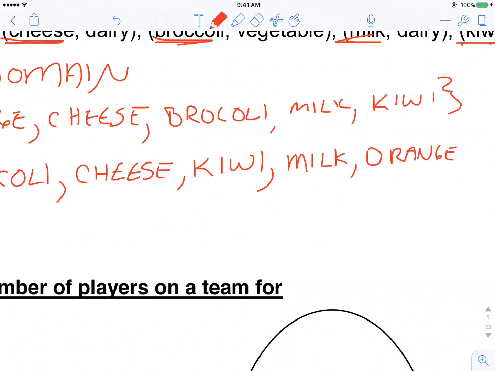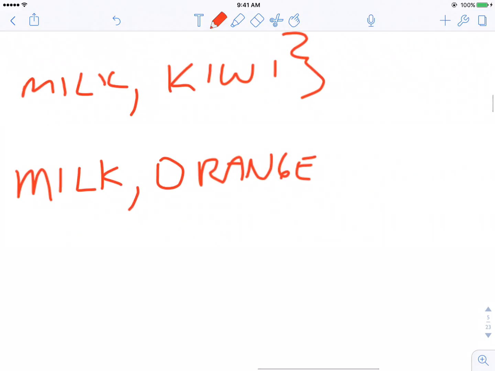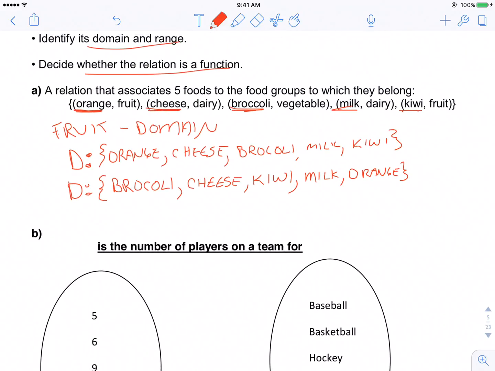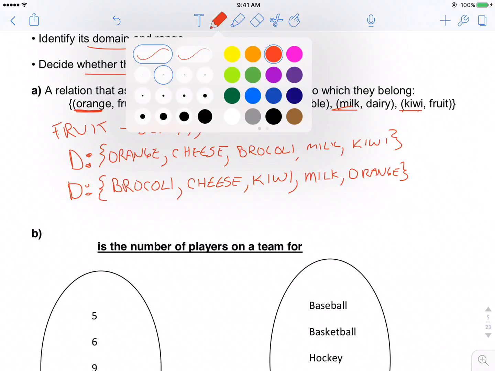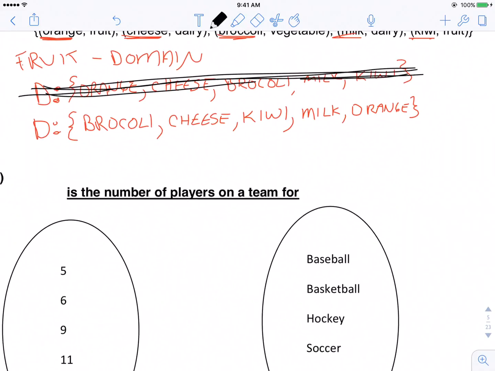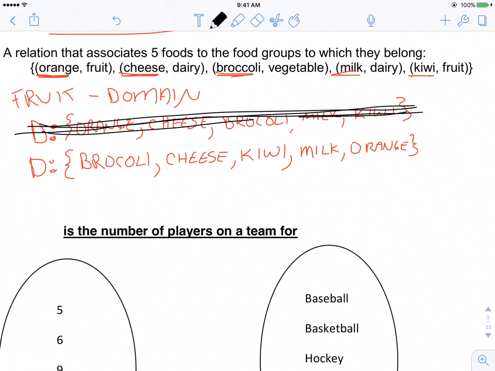So alphabetical order for the listing of domains and range. And then, our closing bracket there. So there's our domain. So this first listing is actually incorrect. And I would erase it, but I know it might be a bit of a problem for you if you're doing it in pen, but you should be doing it in pencil anyway. So there are our domain values.